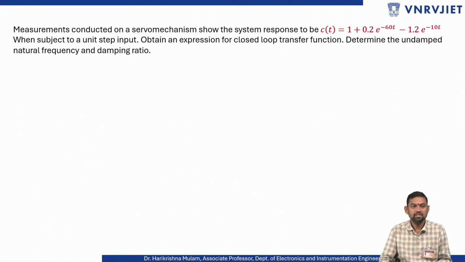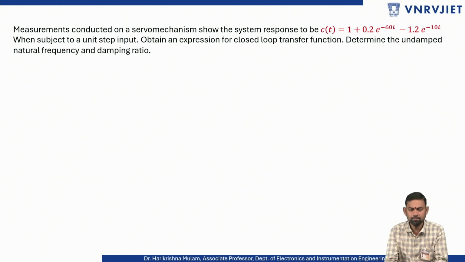So the problem is: measurements conducted on a servo mechanism show the system response to be C of t is equal to 1 plus 0.2 e power minus 60t minus 1.2 e power minus 10t.